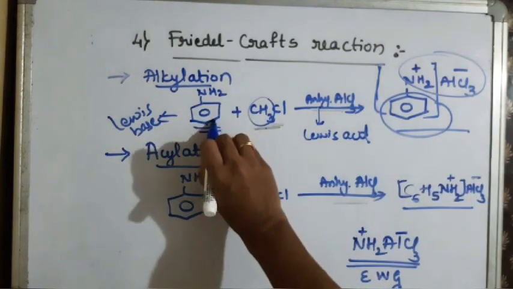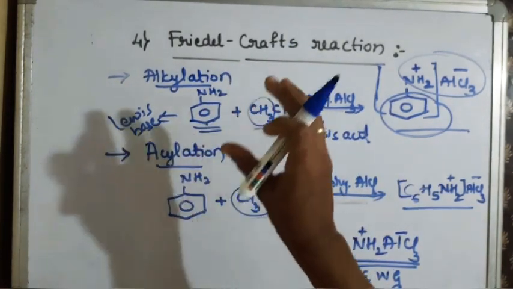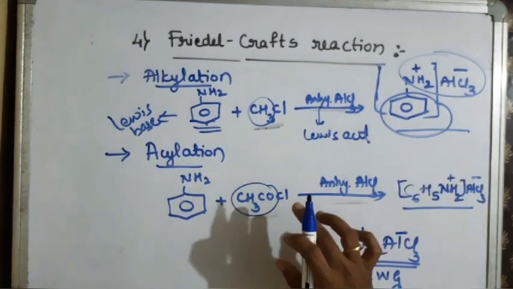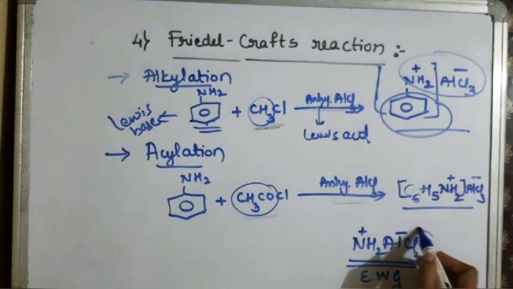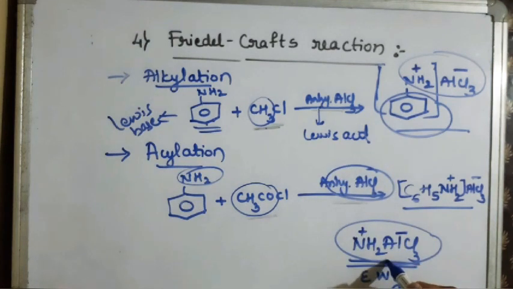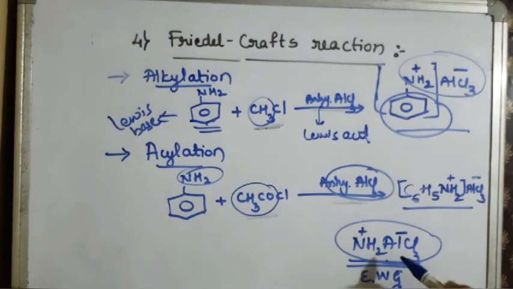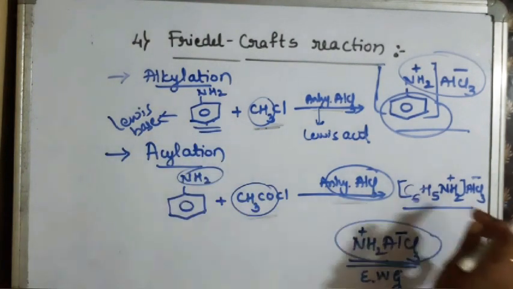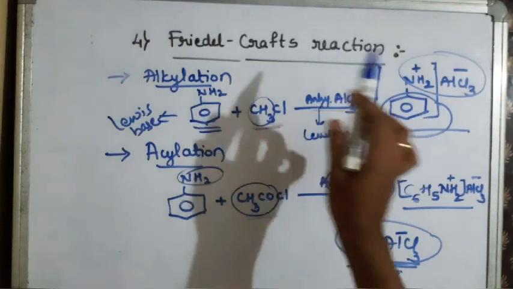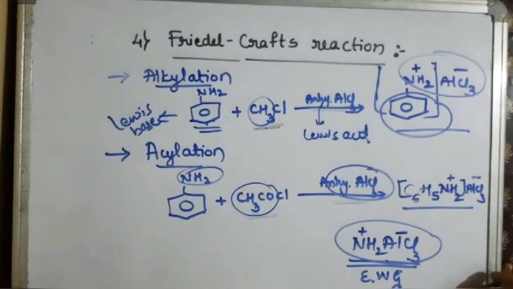As it becomes electron deficient, electrophilic substitution will not take place. The benzene ring has 6 pi electrons and is an electron rich center, that's why electrophilic substitution takes place. Now, because of the attachment of this group by the combination of NH2 and AlCl3, this salt form is an electron withdrawing group which decreases the electron density in the benzene ring. So the expected Friedel-Crafts product is not formed.